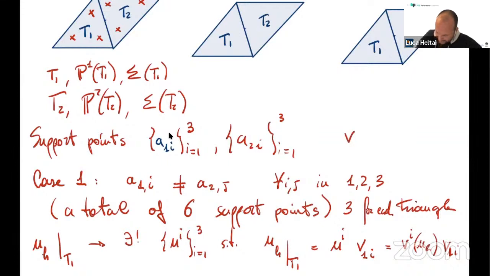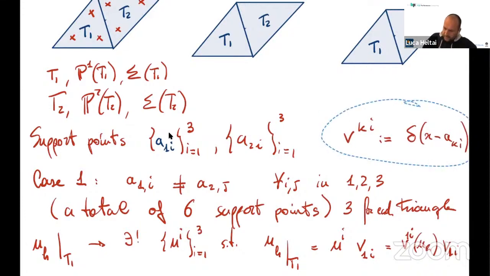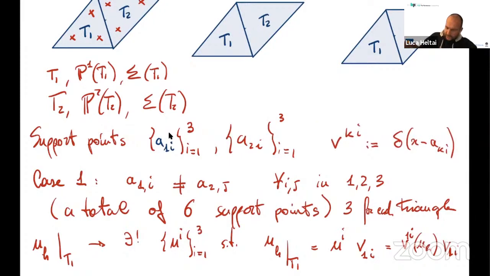So let's say that these are V1I, where VI of VKI are defined as the Dirac delta distribution between X and AKI.